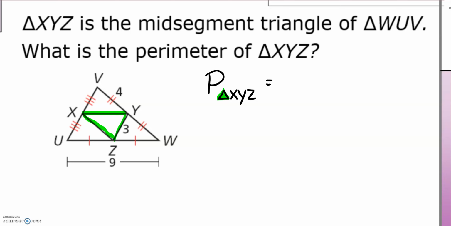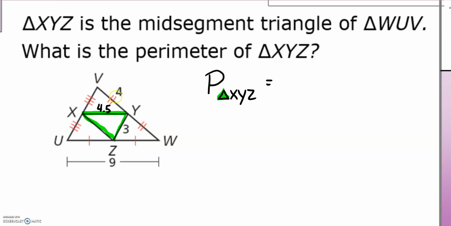Well, let's look at XY. XY, I know, is going to be half the measure of the side it's parallel to, which is UW. And if UW is 9, I know XY is 4.5. I also need XZ, which is parallel to and half the measure of VW.